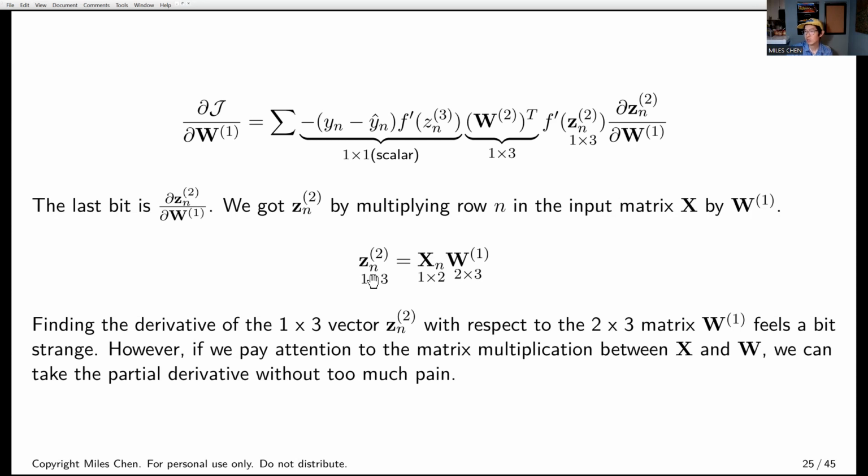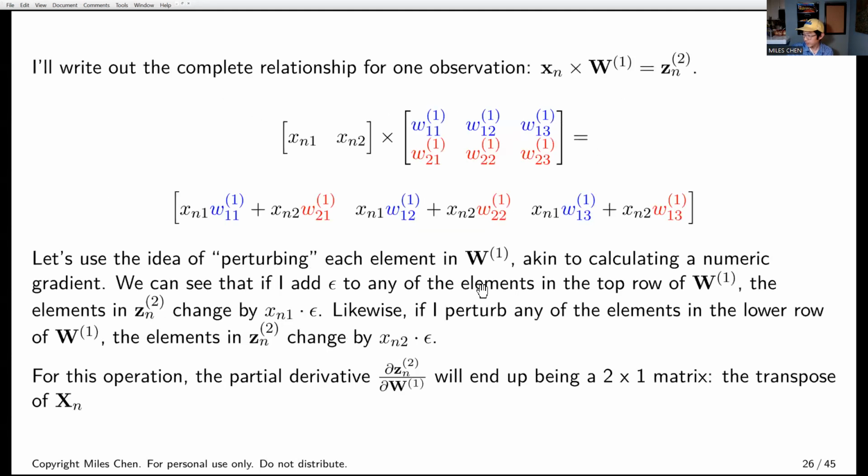So we want to say, how does this resulting thing, Z sub n, the nth row in Z, change when we change elements in W? Let's take a look at what's happening, because it feels a little bit strange at first.